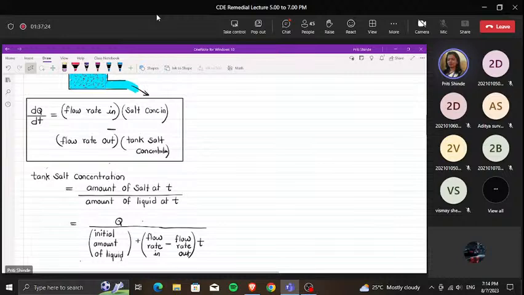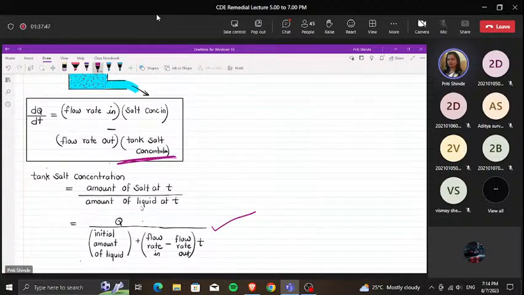Since liquid is entering and leaving the tank at the same time, the amount of liquid is changing, so it is the initial amount of liquid plus flow rate in minus flow rate out into t.